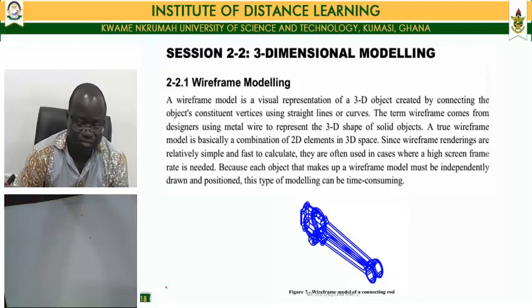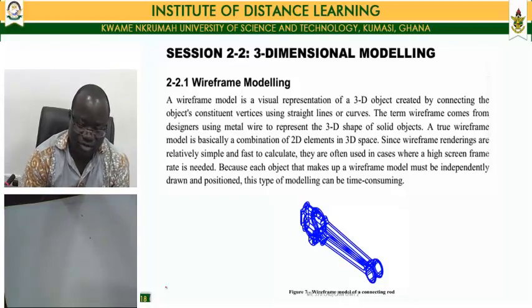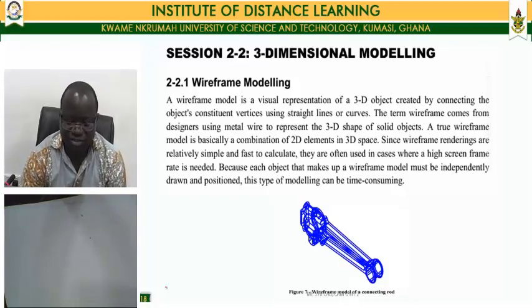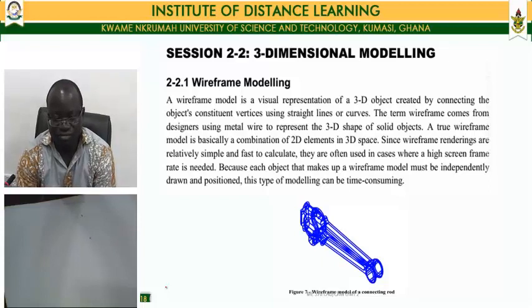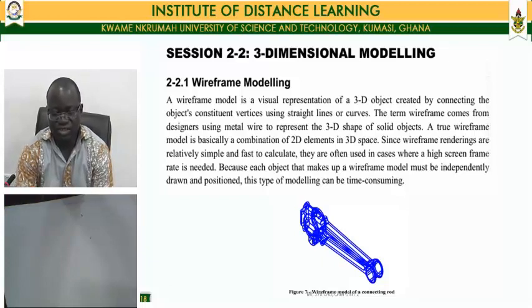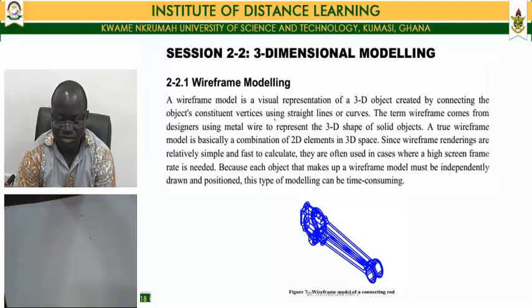So in wireframe, when we turn a 3D object into a wireframe representation, what you basically see is the vertices connected using straight lines and curves. So this is a typical wireframe model of a connecting rod. You could just see the edges and the lines connecting the edges.